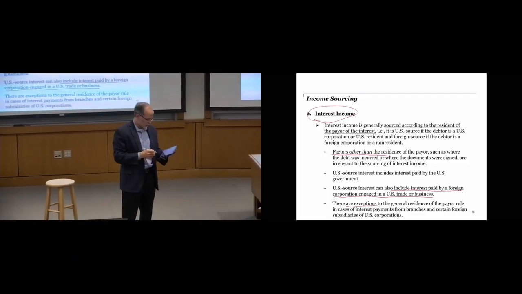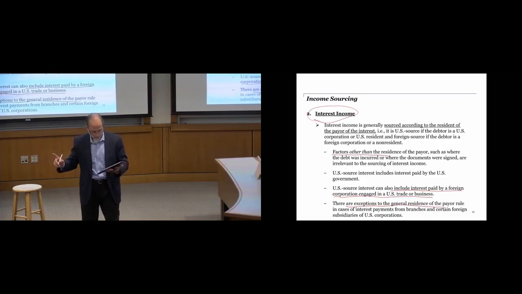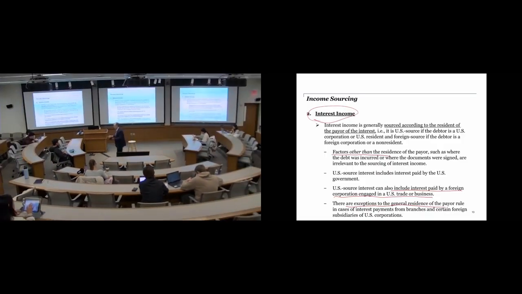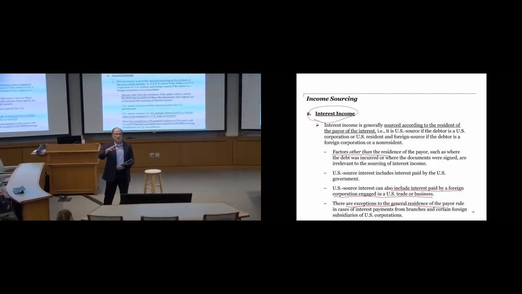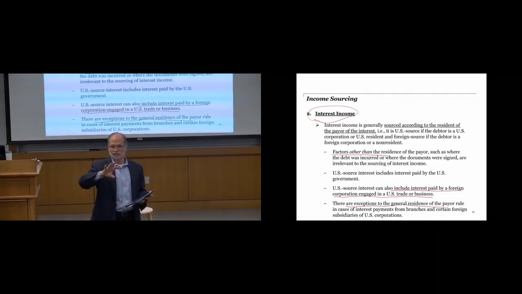that example. Just note there are exceptions to the general residence of the payor rule in cases of interest payments from branches and certain foreign subsidiaries of U.S. corporations. So the real world's not as clean as our textbook examples, so you can have some really quirky fact patterns.